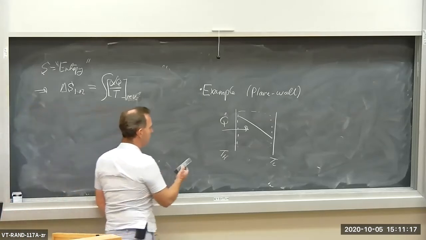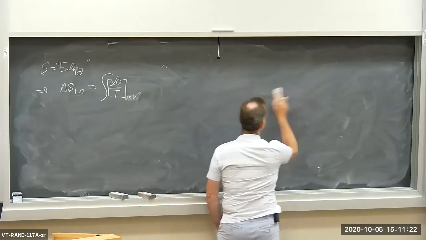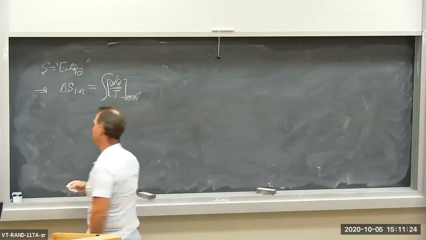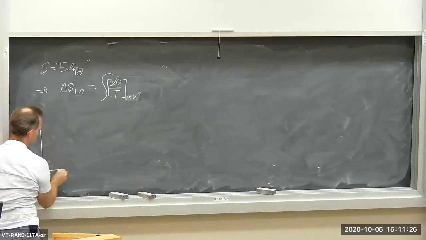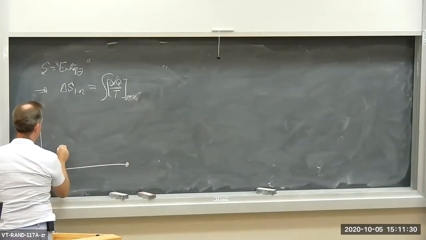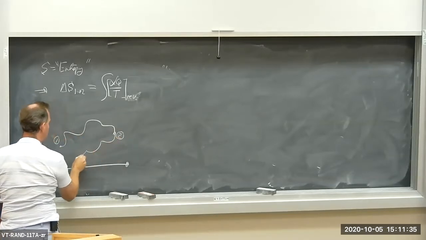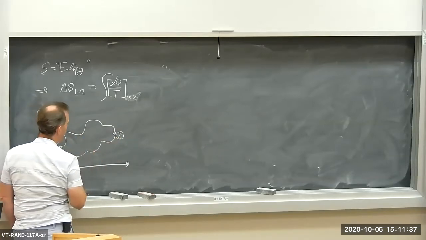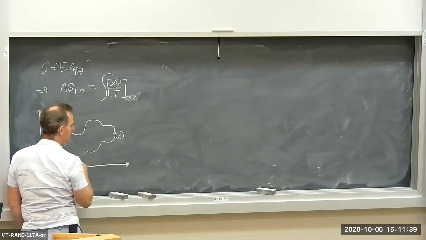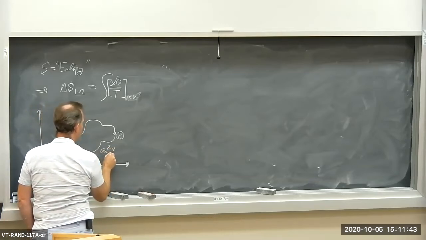Okay, let me draw our system path one more time. So I have 1, 2, back to 1. And I've said here that the process 2 to 1 is reversible and fixed.